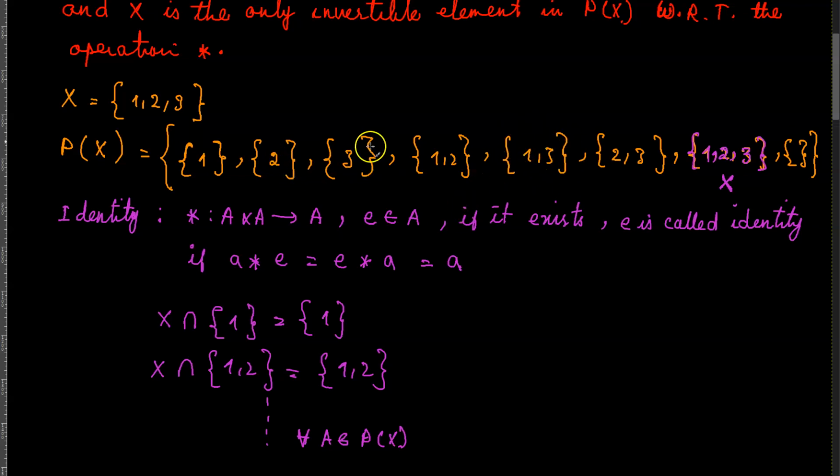Take the intersection of this set and this set, you would get only 3. Take the intersection of this set and this set, you would get this set over here. But if you take the intersection of X with any of these sets, you will get the other set back. And that is the meaning of the identity set.